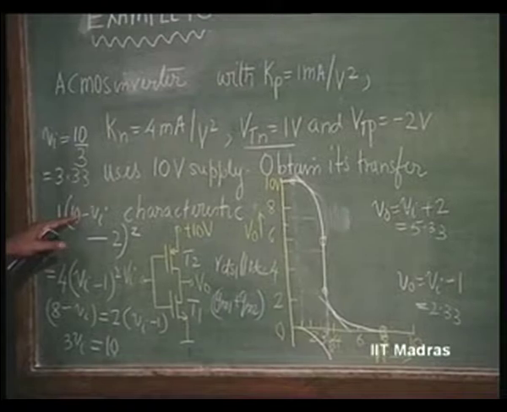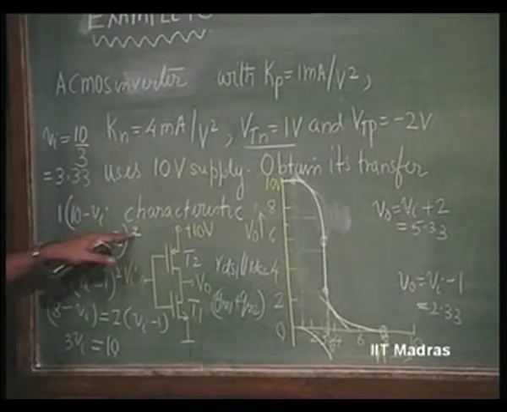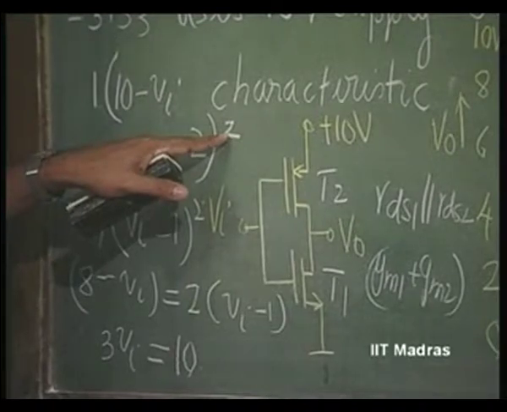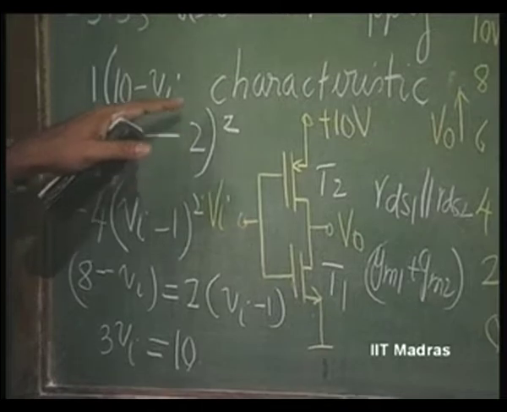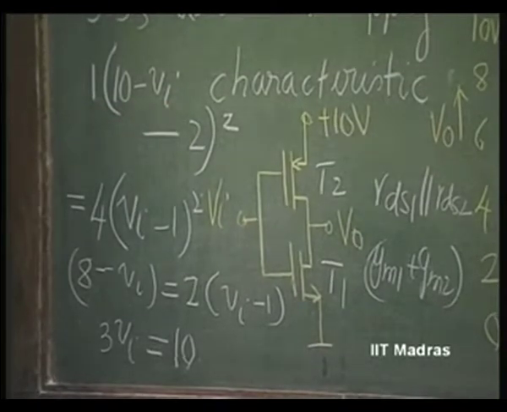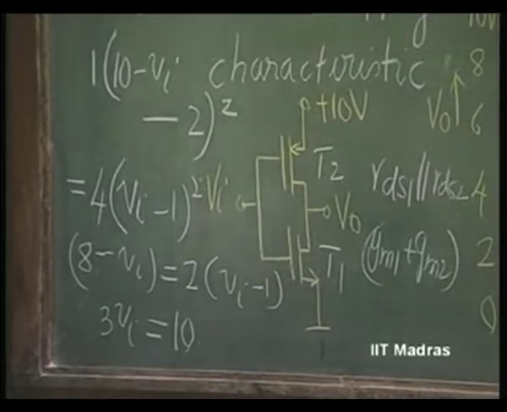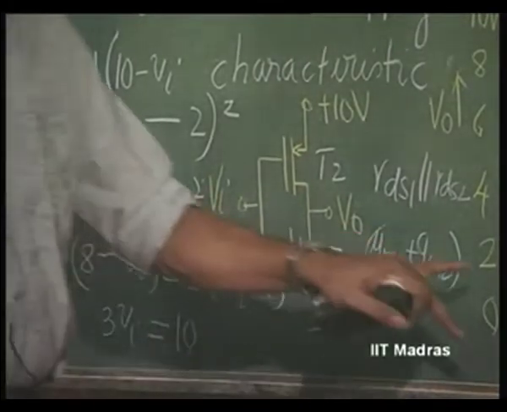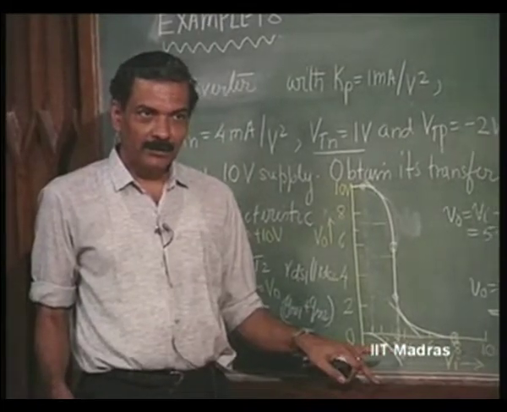8 minus 3.33 whole square. So many milliamperes. How much is it? 8 minus 3.33 whole square, that is 22.1 milliampere. So a substantial amount of current flows.